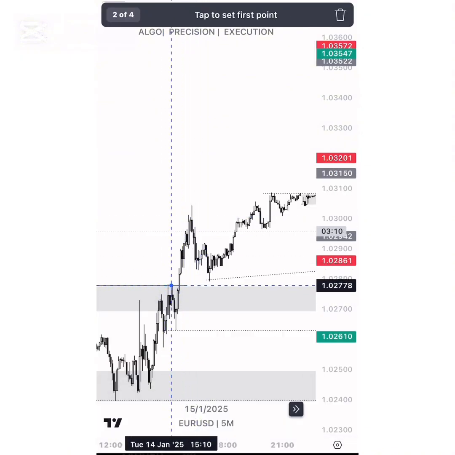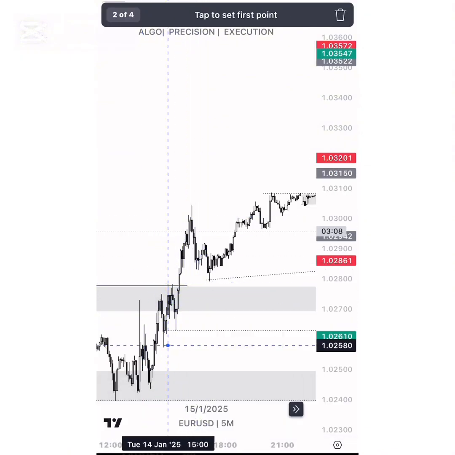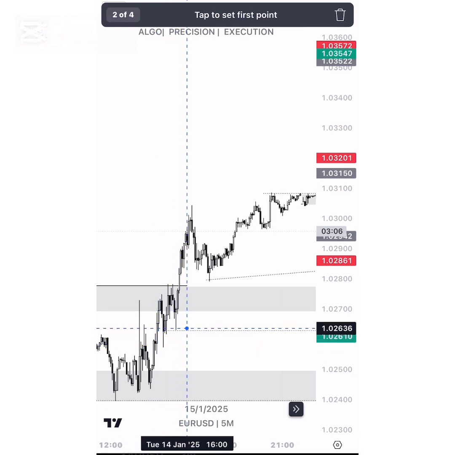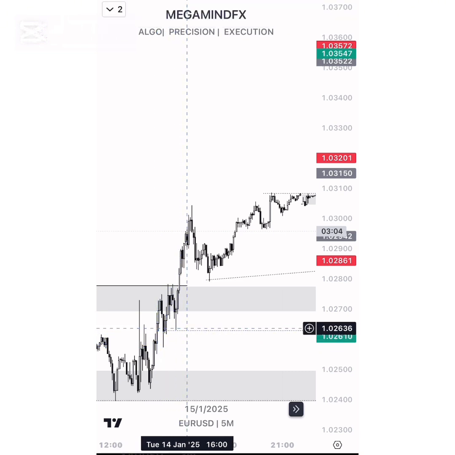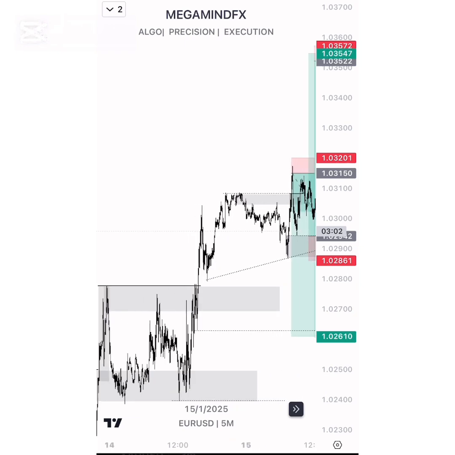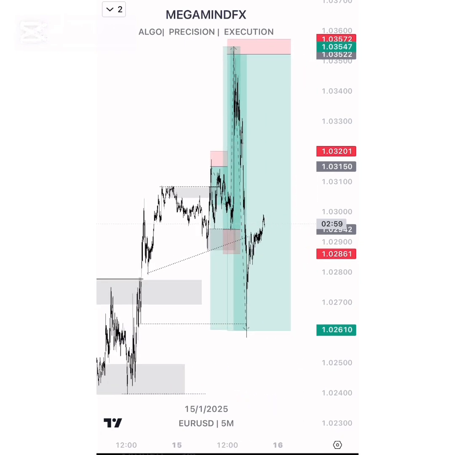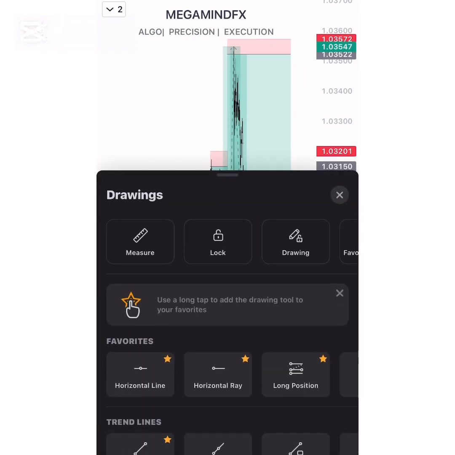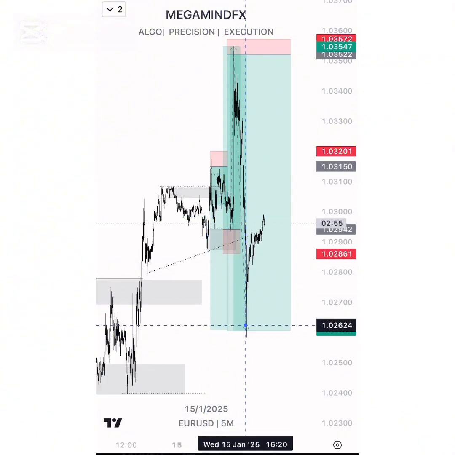Look at this reaction that took out this one. Price came and swept it, and then we had the buys here. But I was not on seat to take this, or rather I missed it.